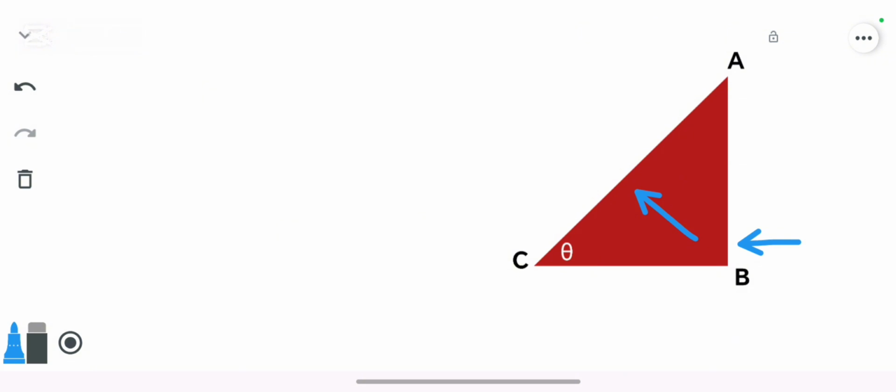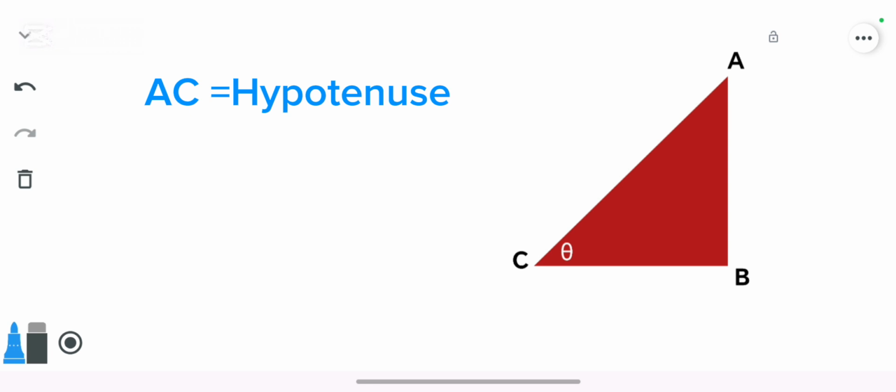The hypotenuse is the longest side of a given right angle triangle. Therefore we can say the longest side of a right angle triangle is the hypotenuse. So we can say AC is the hypotenuse.